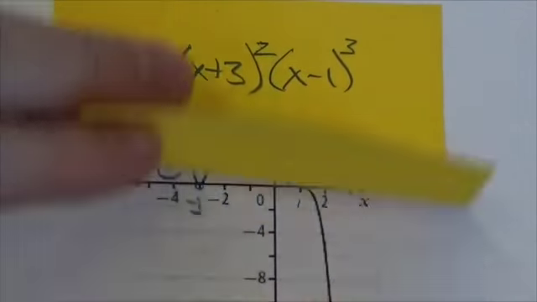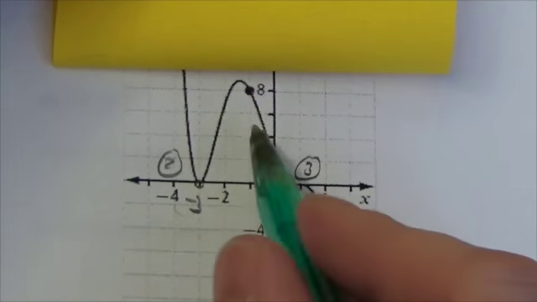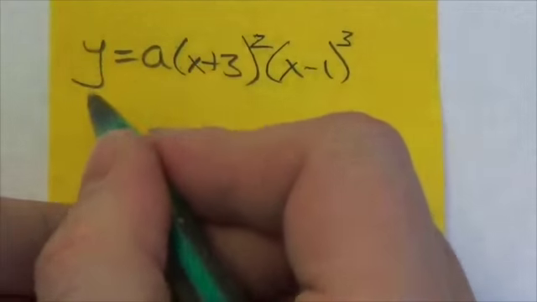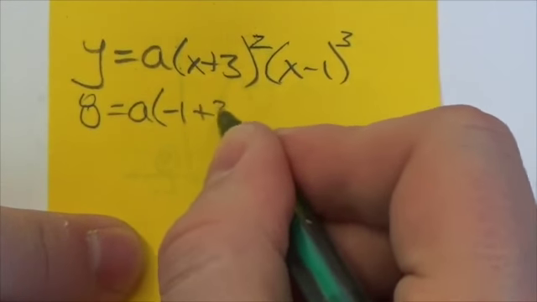Excellent. Now, I also know that it goes through the point, based on my scale here, (-1, 8). That is the point right there. So I plug 8 in for y, and I plug -1 in for x.